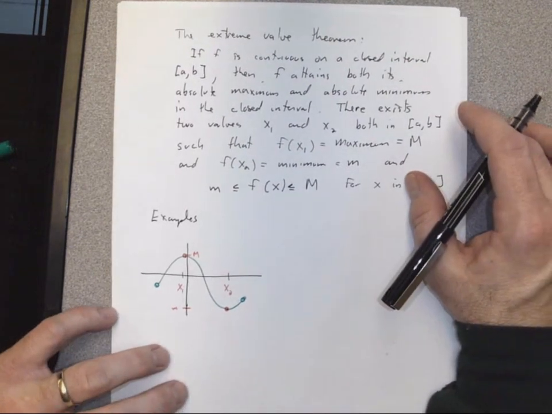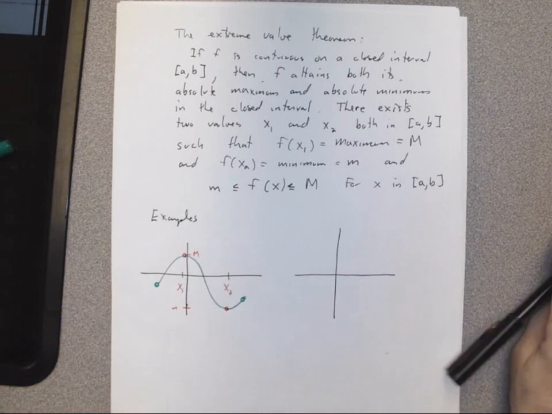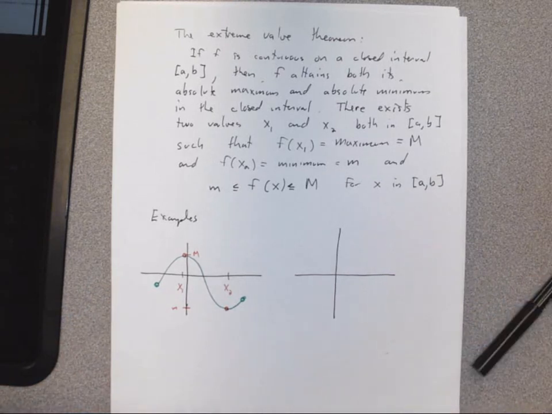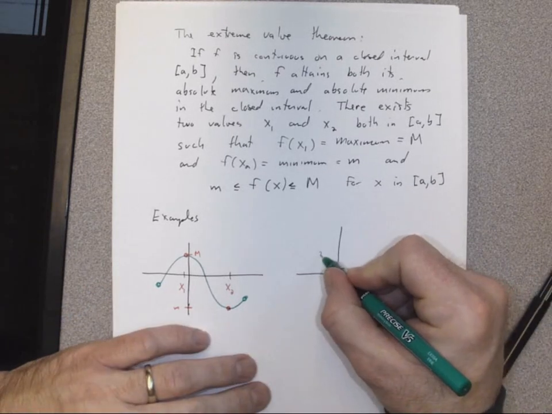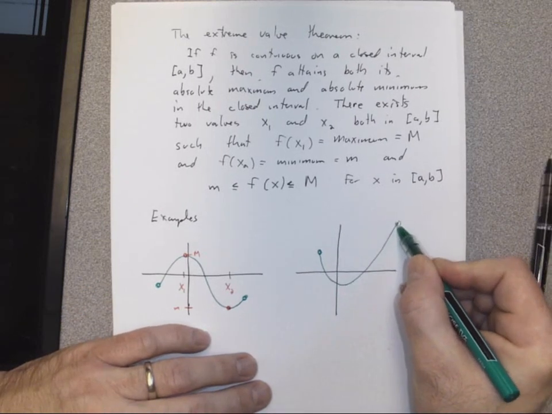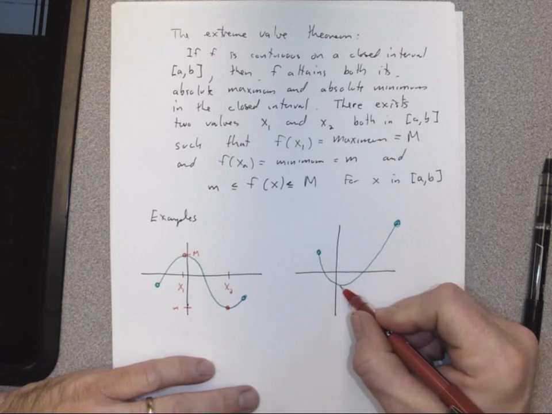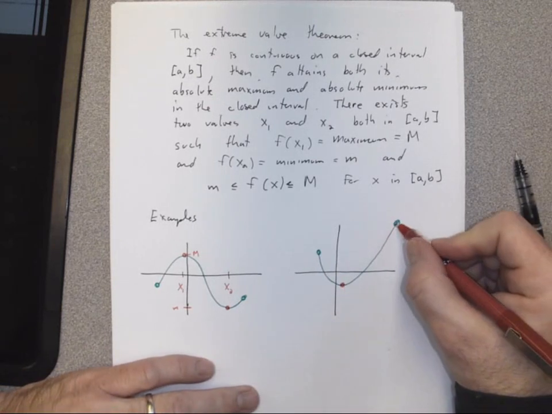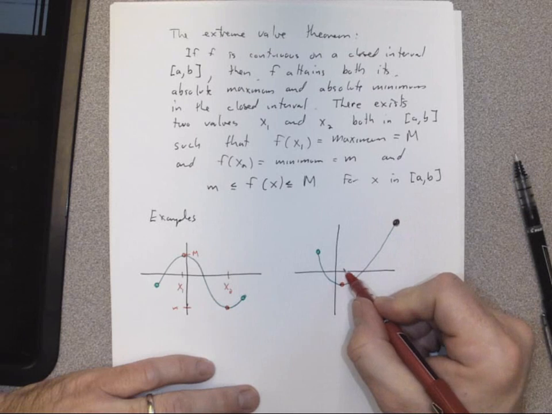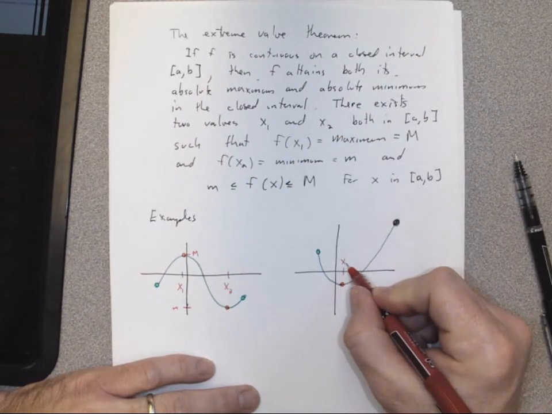Sometimes it could be like this. In this particular case, you can see that this is our absolute minimum and this is our absolute maximum. Since this is the minimum, x2 gives me the minimum, so this one would be x2.